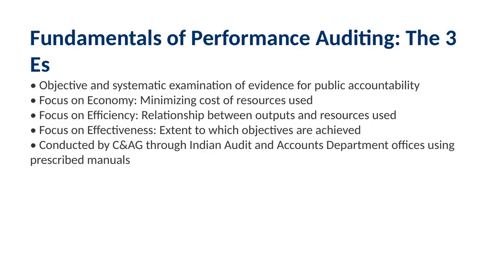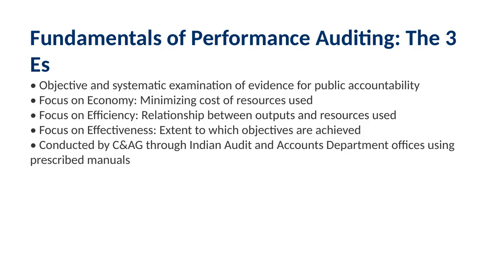Finally, let's tackle the concept of a performance audit, as this is where many students get confused. A performance audit is not simply checking if expenses are in line with public interest or customs. That is far too narrow. Instead, a performance audit is an objective and systematic examination of evidence.